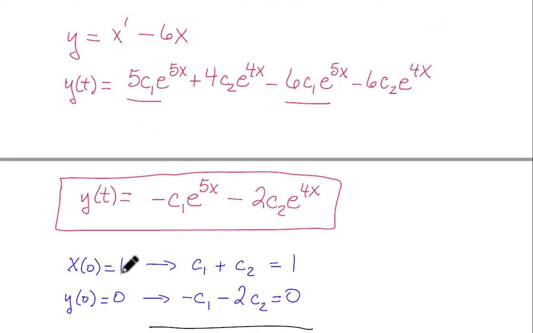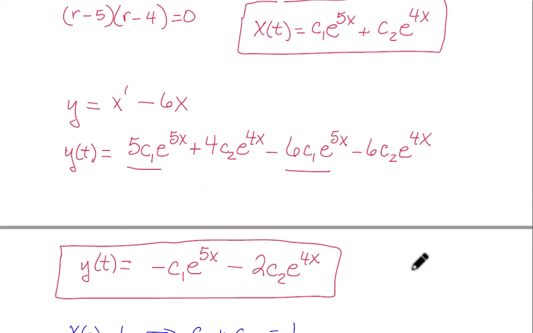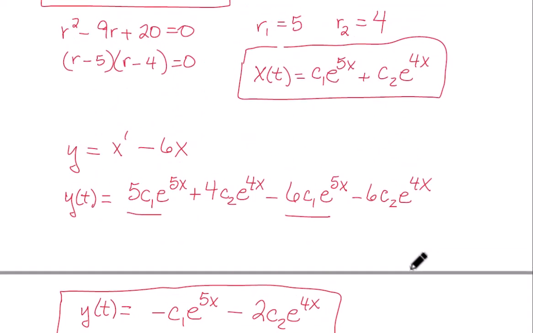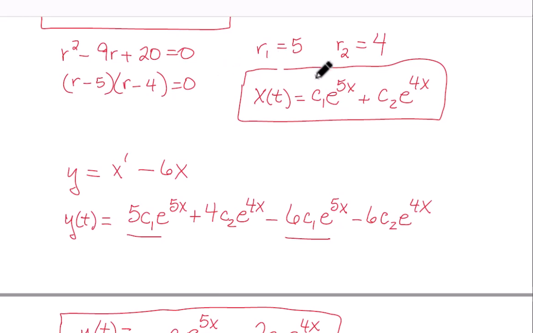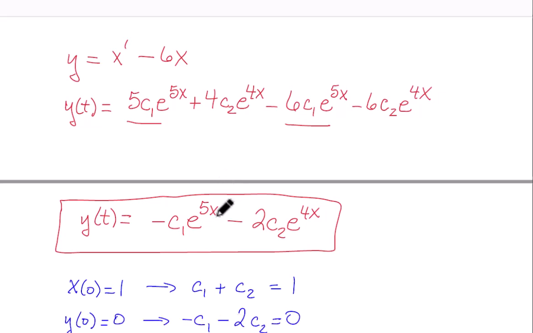All right, so I've got x of t, got y of t, but we've got some initial conditions. So x at 0 is 1. If I plug all this stuff in, and I am noticing as I'm saying this, and I'll fix this up in the notes, all of these x's here should be t's, because these are all functions of time.